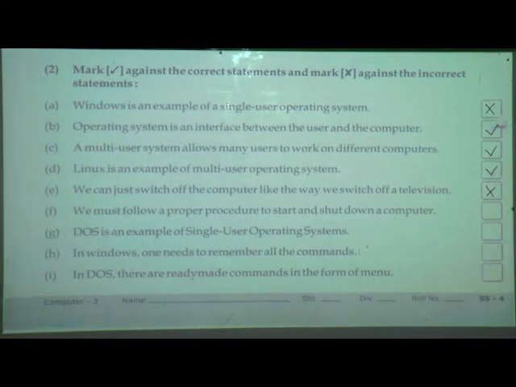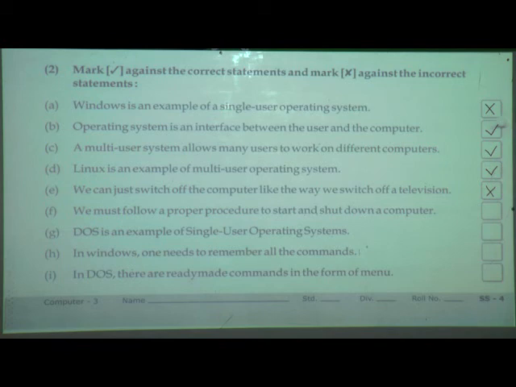Next, we must follow a proper procedure to start and shut down the computer.